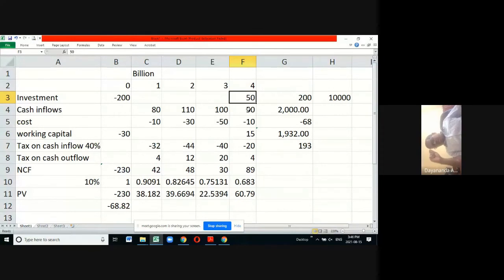It's a good question. So the answer is like this. We have to calculate whether there is a capital gain or not.